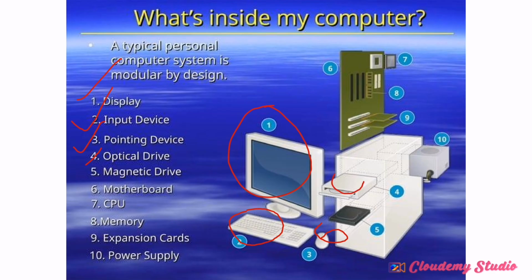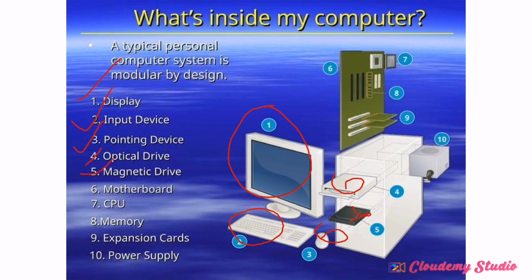This is the optical drive, which has a provision for putting a disk inside. Then, before number six, number five, the magnetic drive. Number five, you're going to find it here. This is the magnetic drive.